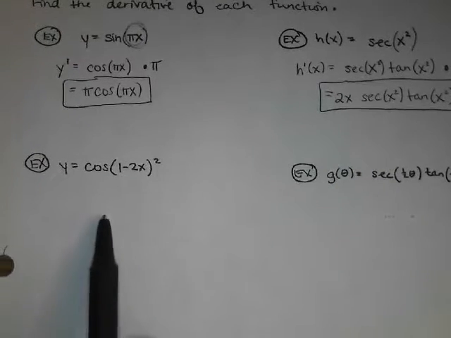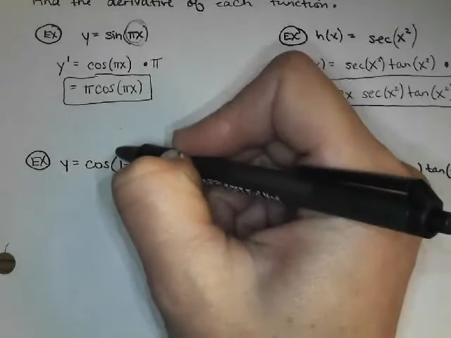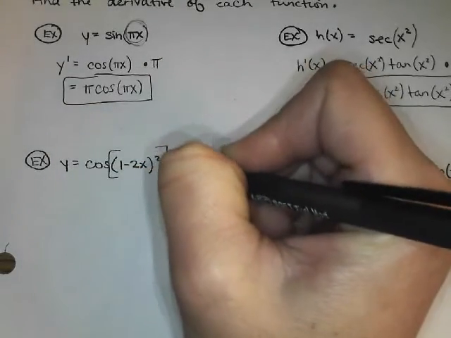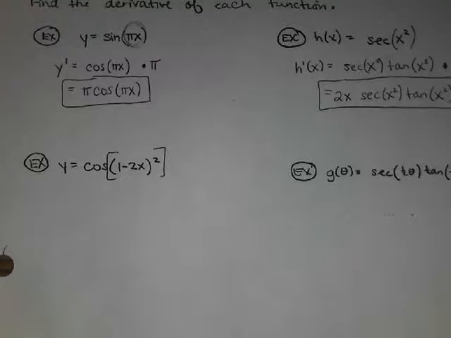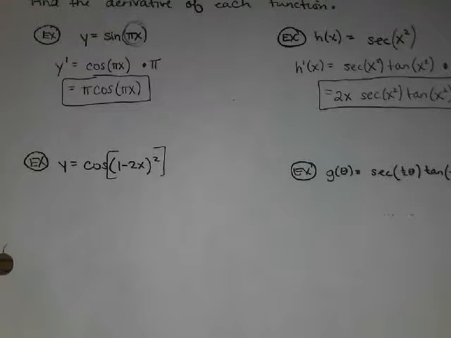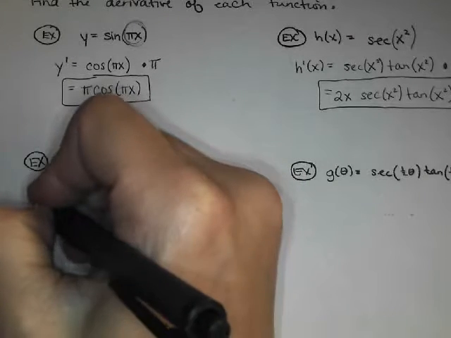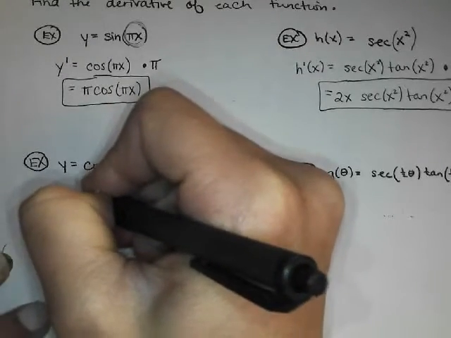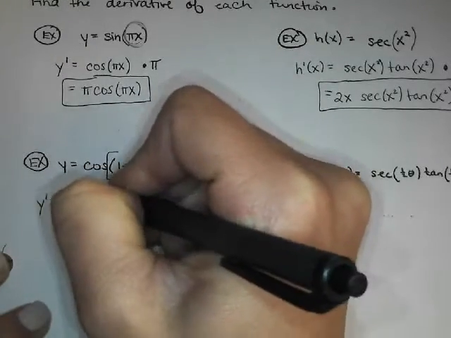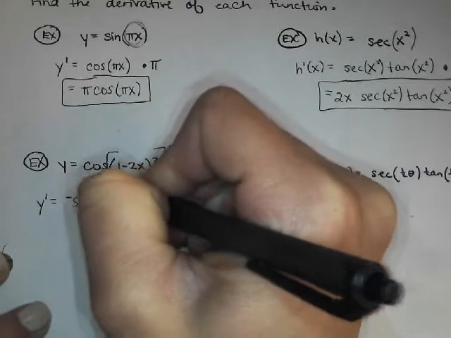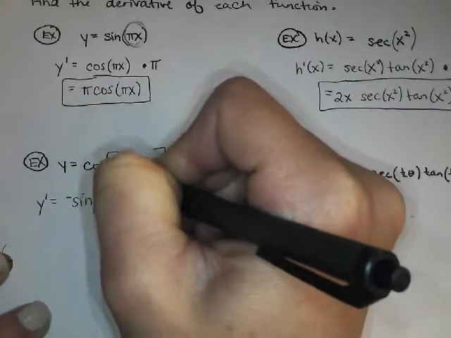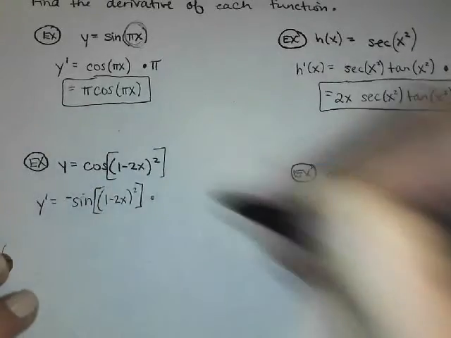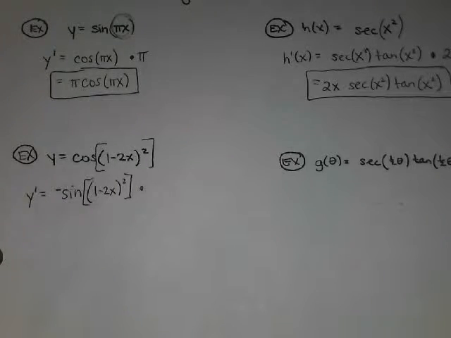Okay, on this next example, we're taking the cosine of this piece squared. So, starting outside looking in, it's a trig derivative. The derivative of cosine is negative sine of this same piece times the derivative of what's inside.